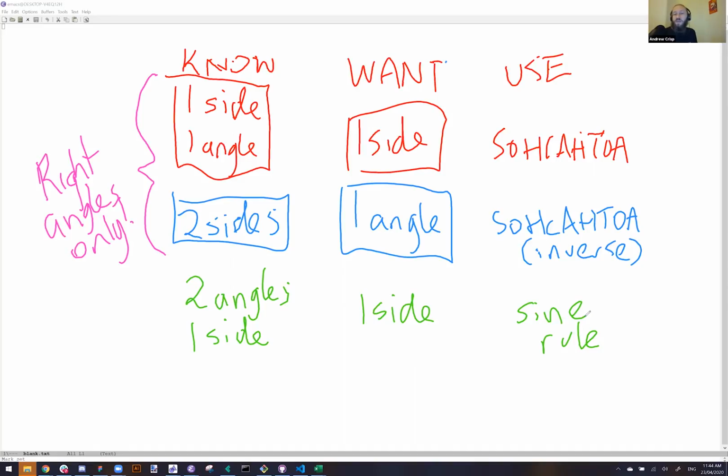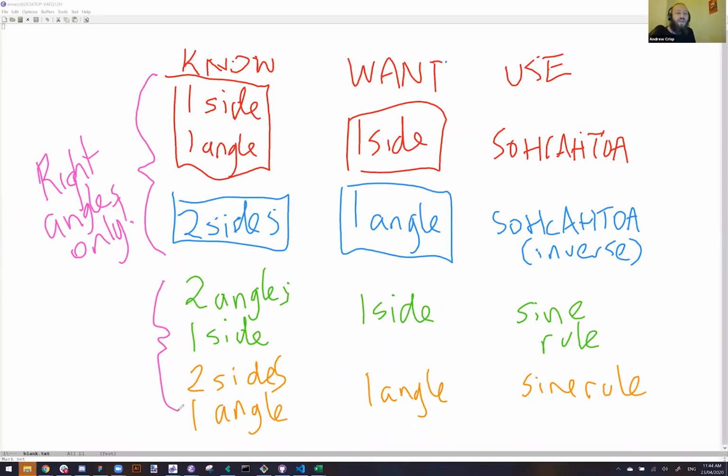The sine rule is going to let us go from two angles and one side to find one side, but it's also going to let us go from two sides and one angle to find one angle. Sine rule. And this is any triangle.